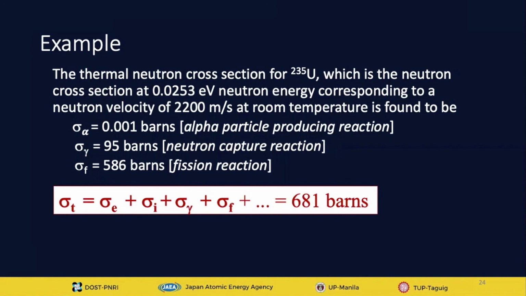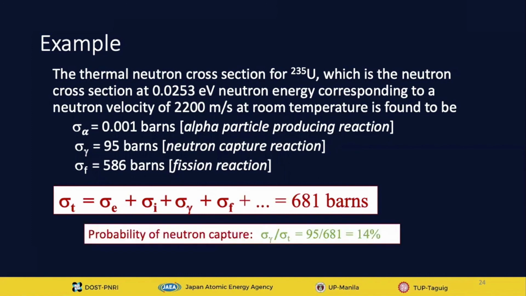Using our total cross-section and our given cross-section for neutron capture reaction, we can get this probability by simply getting the ratio of our neutron capture cross-section and our total cross-section.